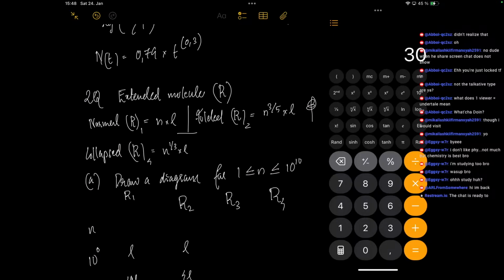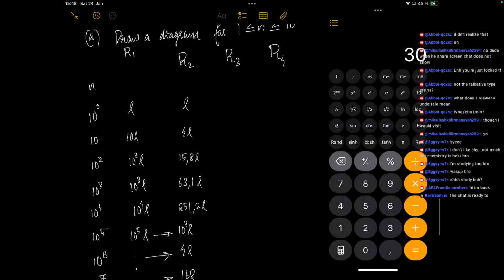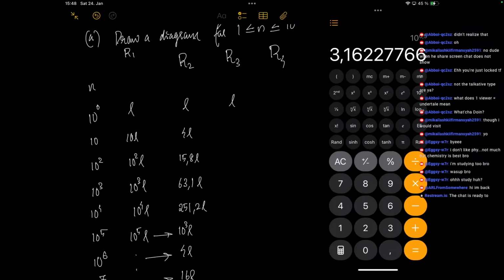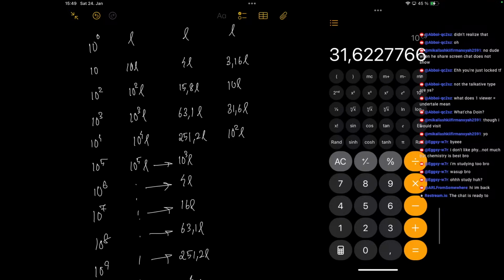Okay. R3. N raised to 1 by 2. Okay. L. To 10 times L. Whoa, that's a big jump, but makes sense. 6 by 2, 3. 10 raised to 3.